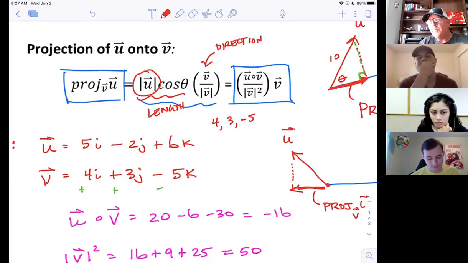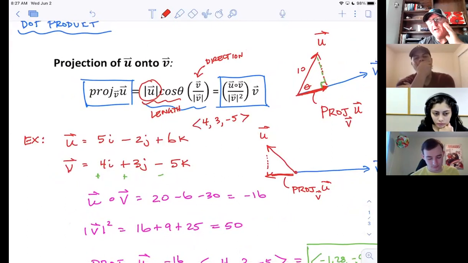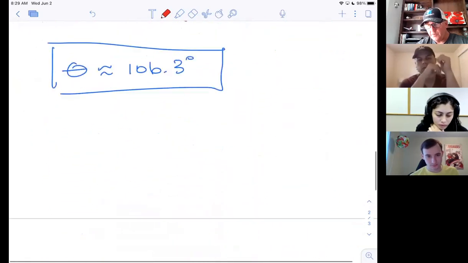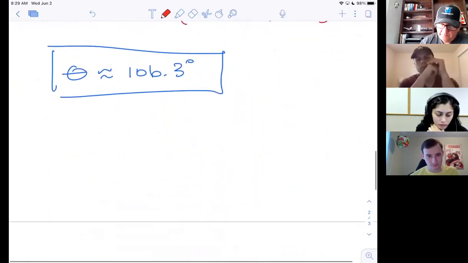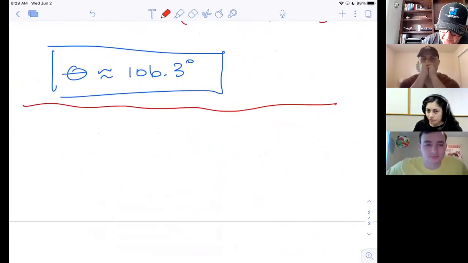Remember, what are you doing when you take a vector like 4, 3, negative 5 and you say, I think I'm going to multiply that by something? Let's just stop and think about that for a second. Just as an example, a separate problem down here, let's do this in 2D so that we don't get confused.